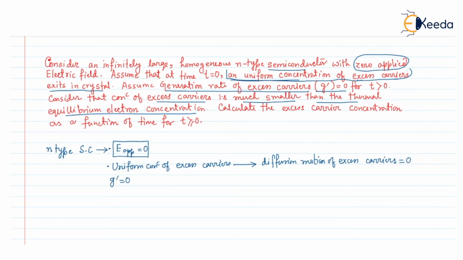These are the things given in the question, and it is also given that the concentration of the excess carriers, that is delta p, the concentration of the excess minority carrier holes in the n-type semiconductor, is much less than the thermal equilibrium electron concentration, that is n0.